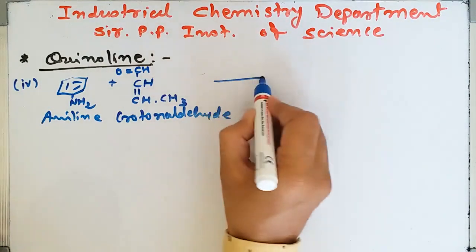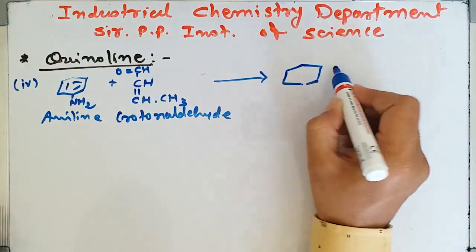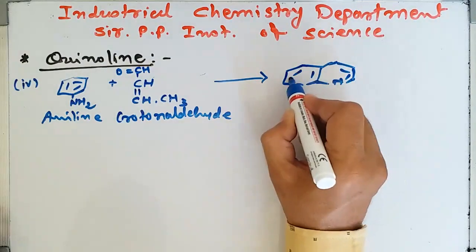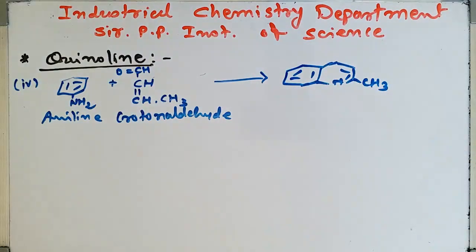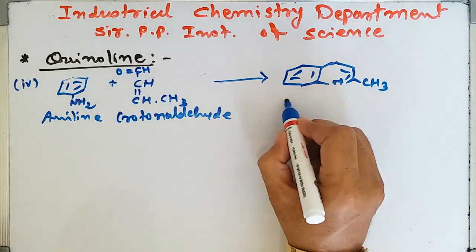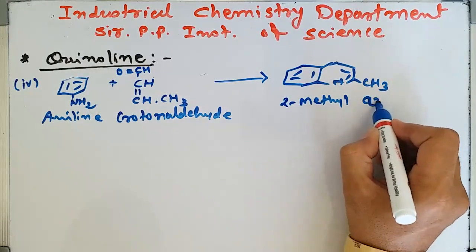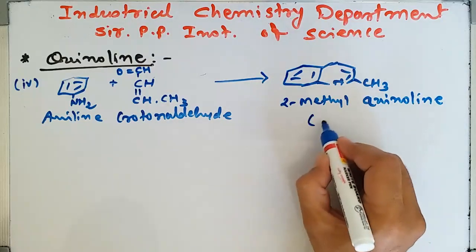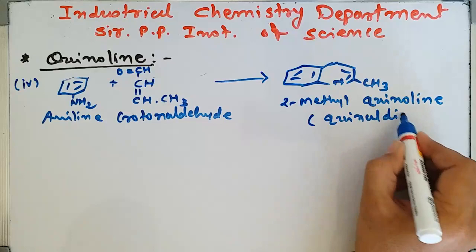With the same reagents, we get 2 substituted quinoline, 2-methyl quinoline. It is also known as quinaldine.